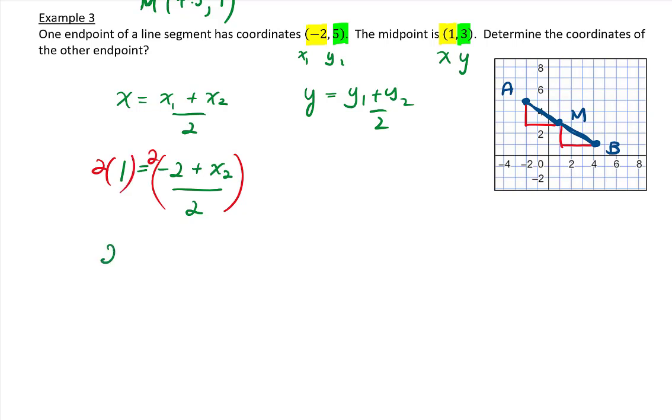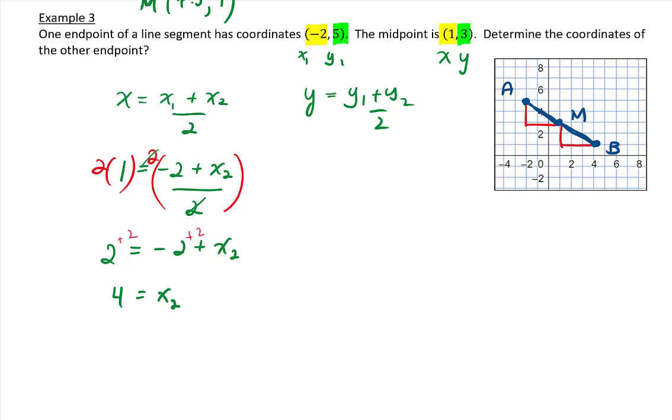And we end up with 2 equals, these two cancel because 2 divided by 2 is 1. So we get negative 2 plus x2. If we add 2 to both sides, we now have the endpoint value. So let's see what we get. We get 4 equals x2.